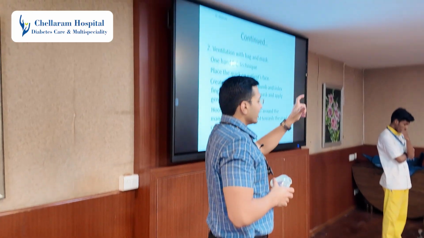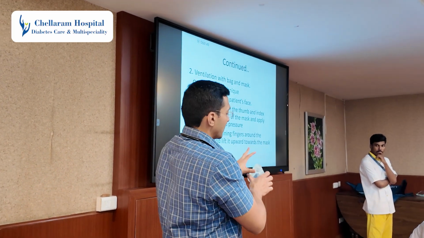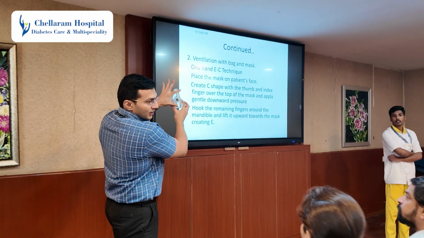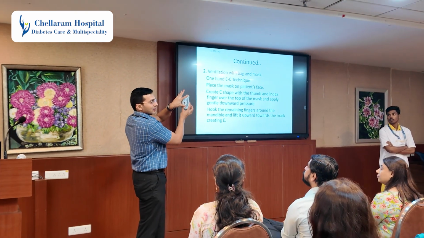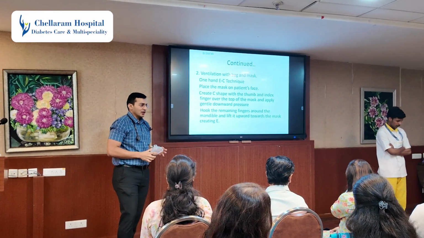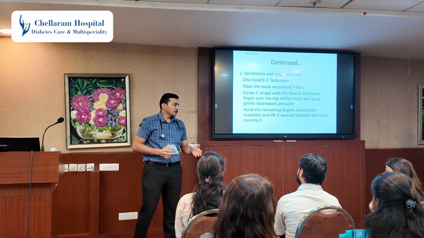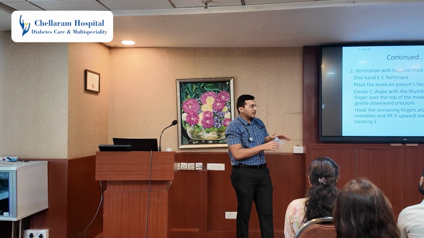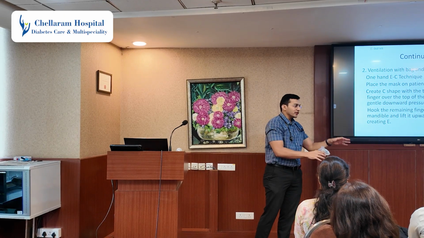You see his index finger and thumb are making a C over the mask. Okay, this C, and with the other fingers he is making an E and holding the jaw at the same point of time. So this is the C and E technique which we usually follow. So this is to give a complete seal of the mask over the face.